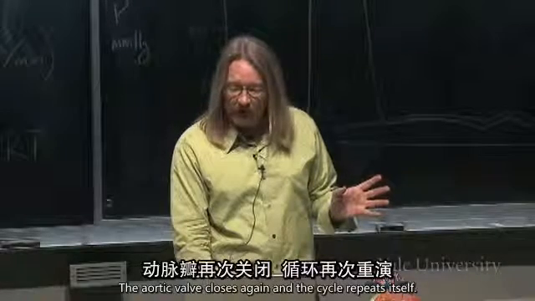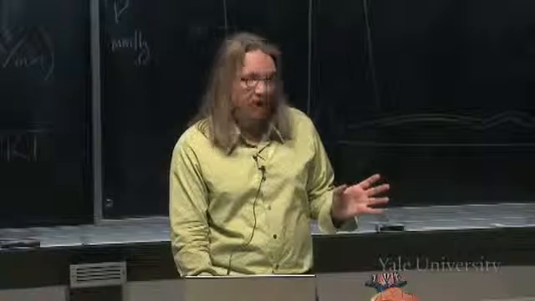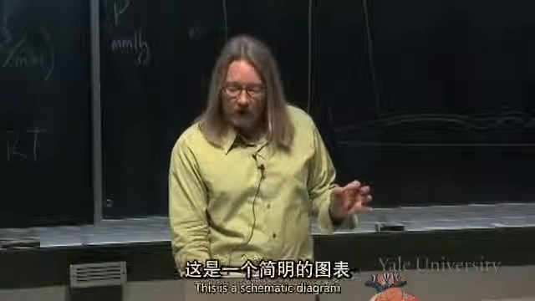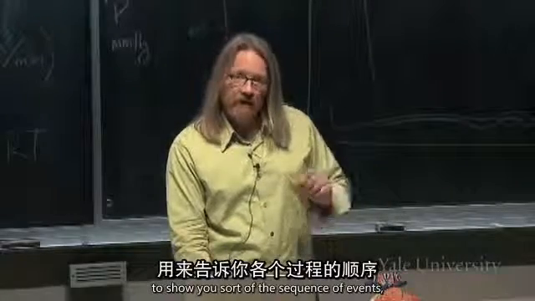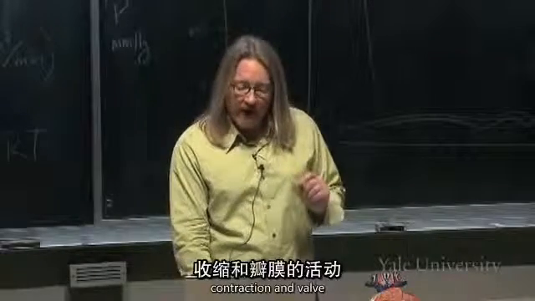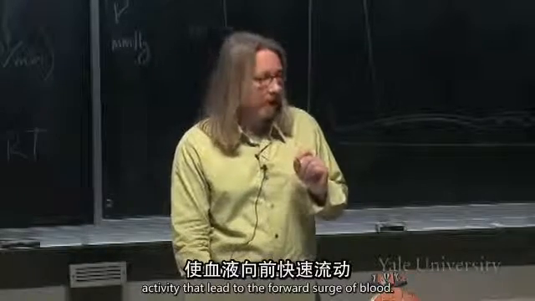The aortic valve closes again, and the cycle repeats itself. So this is a schematic diagram to show you the sequence of events, contraction and valve activity, that lead to the forward surge of blood.